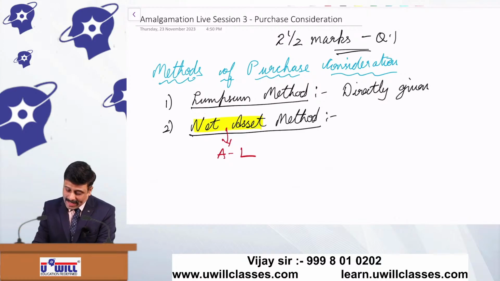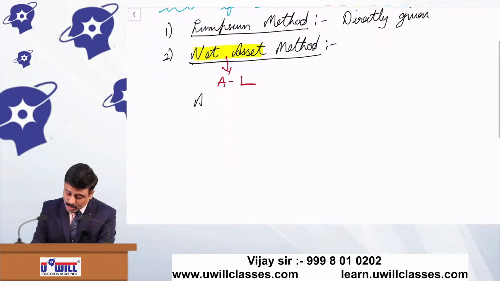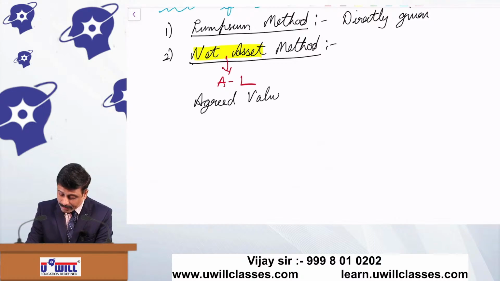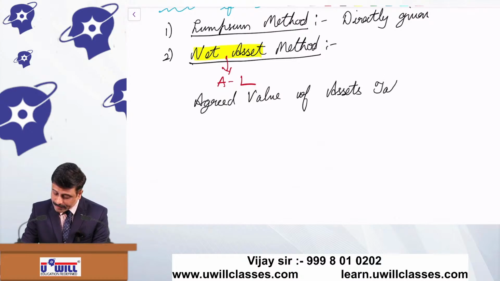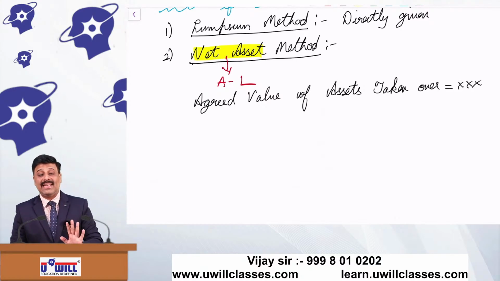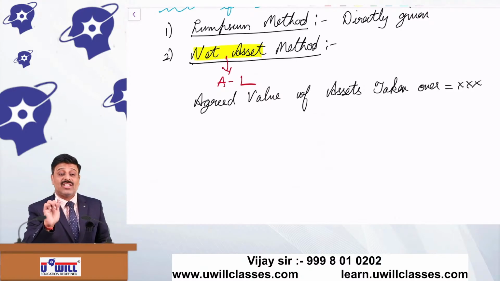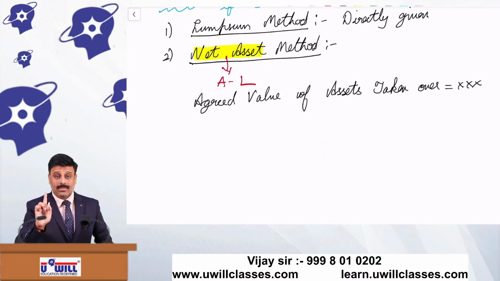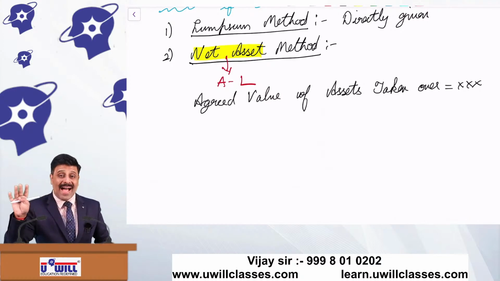We'll take the agreed value of assets taken over, so assets minus liabilities. But which value of assets? Not the book value, not the value which is given in the balance sheet.